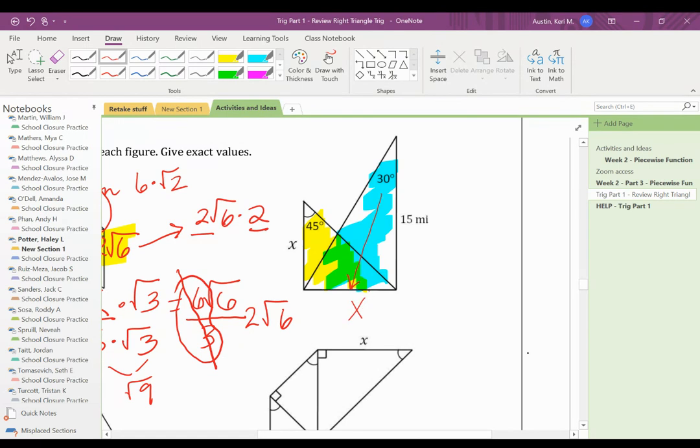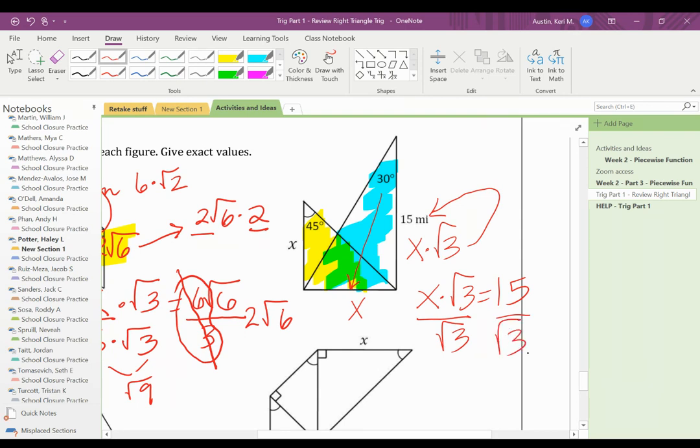And normally we take the short leg and we multiply it by the square root of 3 to get that. So the short leg times the square root of 3 gave us 15. So how do we work backwards? We divide by the square root of 3. That gets rid of that.